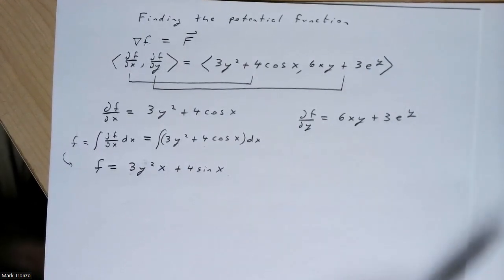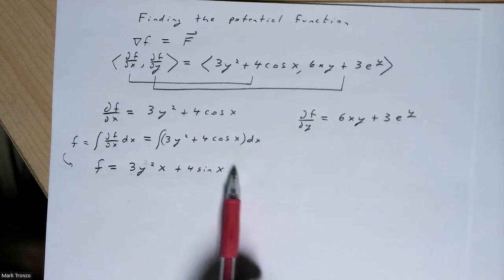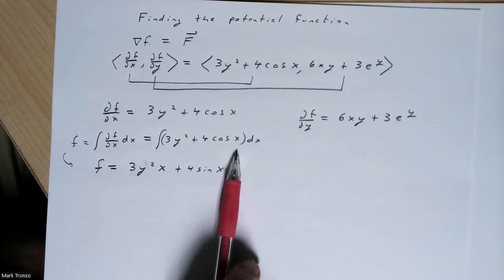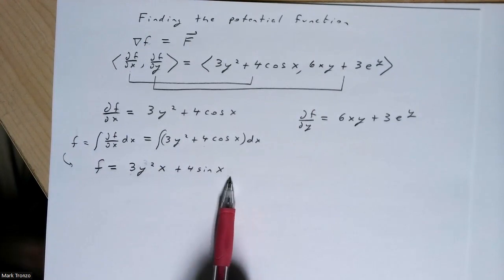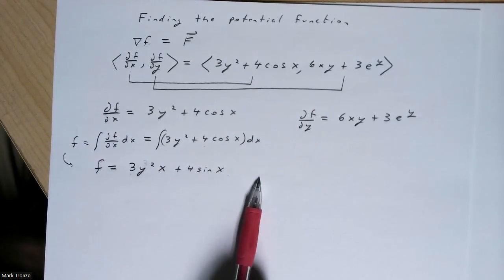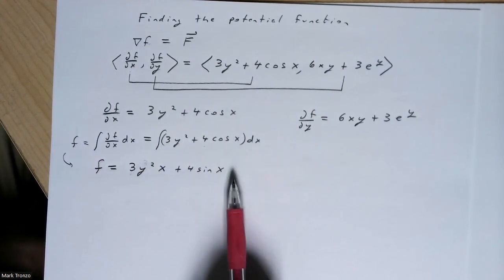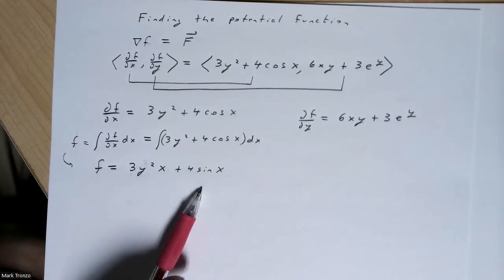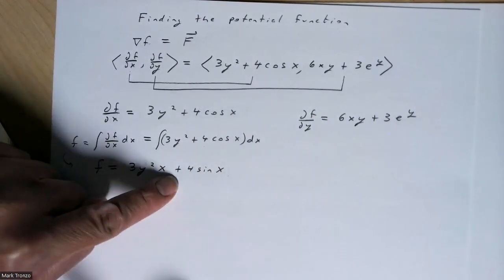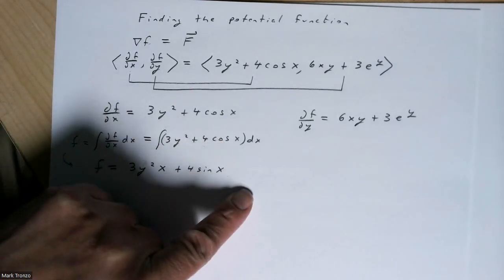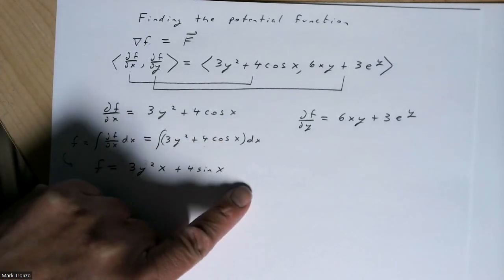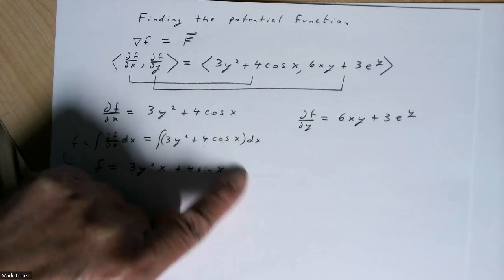But actually this time, you could not only have a constant here, you could have a function of y here, right? Because we're integrating with respect to x. So if you think of going the other direction, taking the derivative, any function of y will disappear when we take the derivative with respect to x.